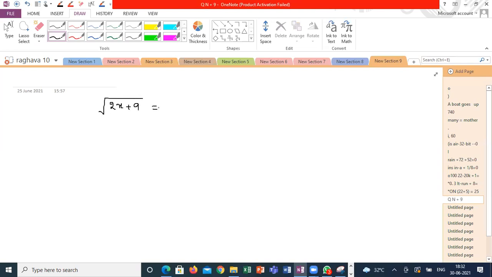2x plus 9 is equal to 13 minus x. Solve for x. How will you do this question? Solve this one.